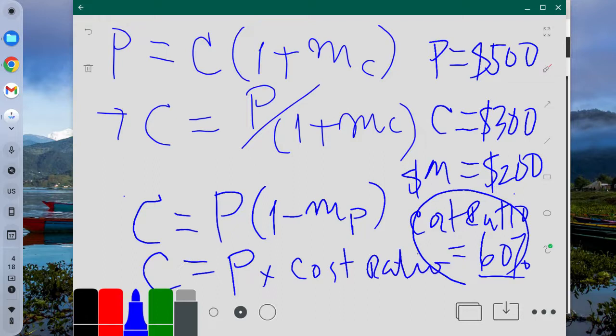And if you think about it, cost ratio is 1 minus the markup rate based on selling price. That's exactly right. The cost ratio is 1 minus the markup rate based on selling price.